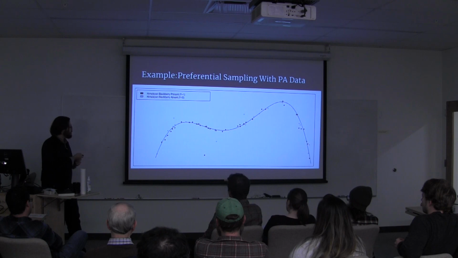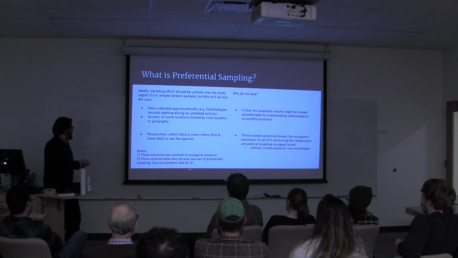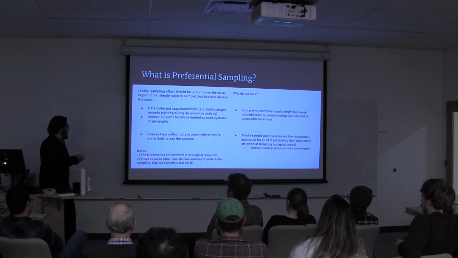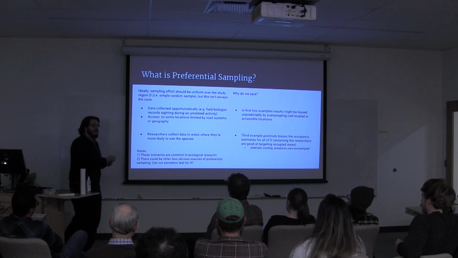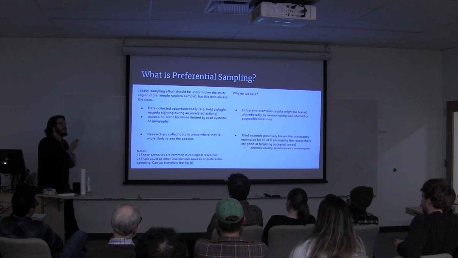My argument, though, is this. Even if you don't see a source for preferential sampling, it could still be within your data set. Certainly it happens, but what if it's the opposite of where you think it should be because you have no data where there's an absence? Right, so you're always tied to the data you have.